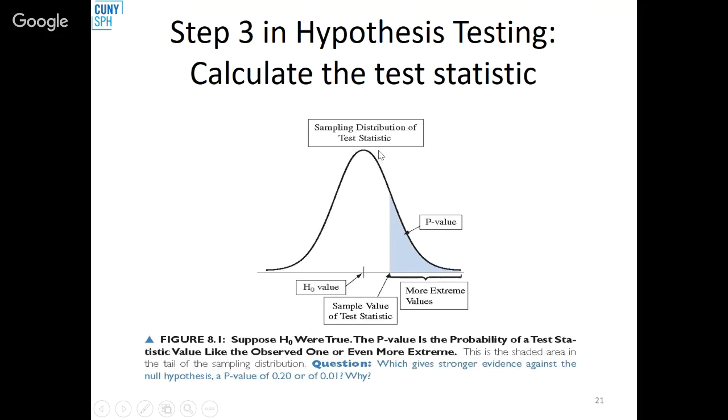So this test statistic, we're then going to interpret as one observation on a sampling distribution. And based on where this sampling distribution is, something that, again, we don't know.